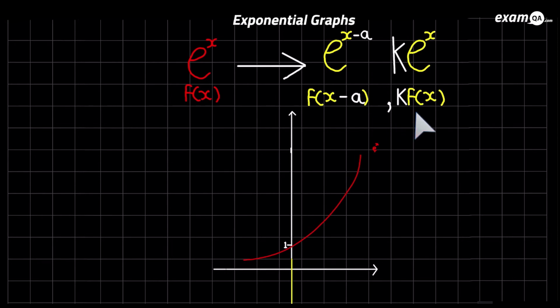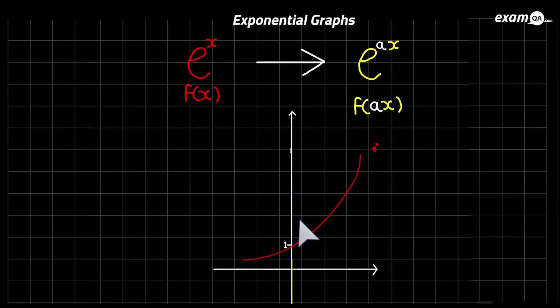It depends if k is between 0 and 1 or if it's more than 1. Basically, if it's a fraction or if it's a number more than 1, that decides if it moves left and right. Now, these two transformations don't normally do the same thing. It's just with exponentials they do the same thing. They both move the graph to the left or right. So it could be like this or the other way. Nothing too tricky.